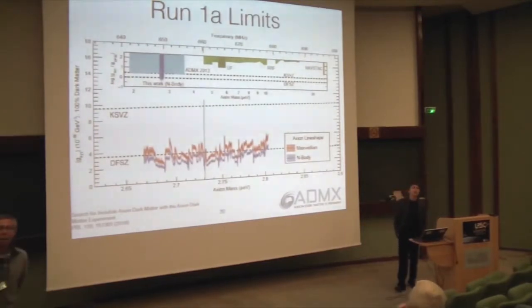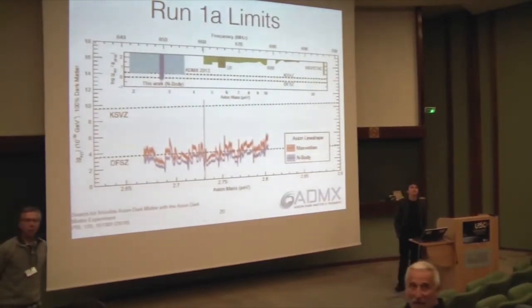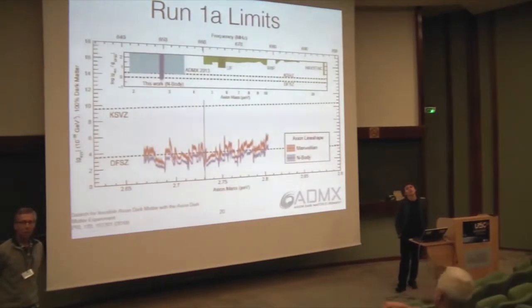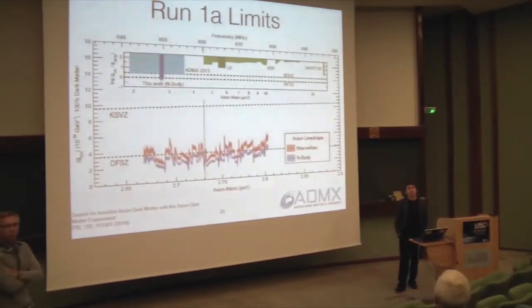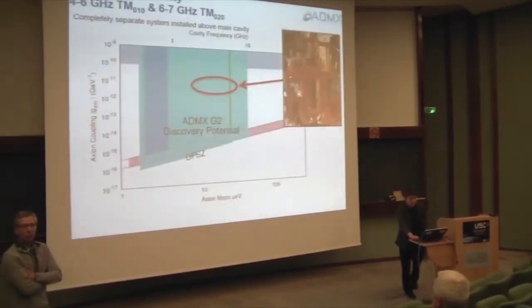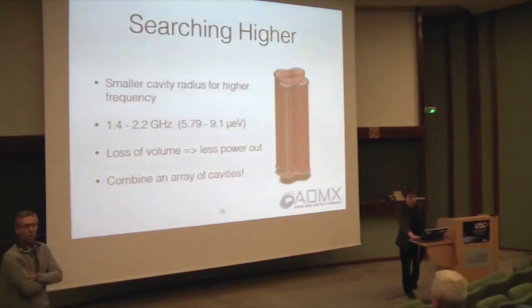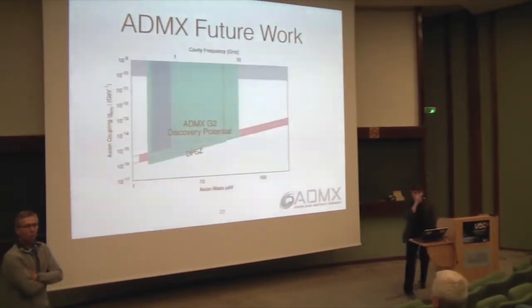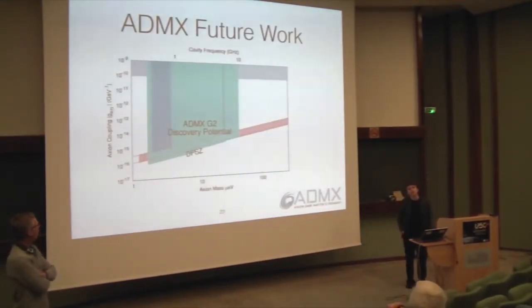Are you planning to go below the DFSZ threshold, and how much in the future? In sensitivity, for example, in any frequency range, or is the target just DFSZ, or are you planning to run longer to go to lower couplings, say if the dark matter is not 100%?